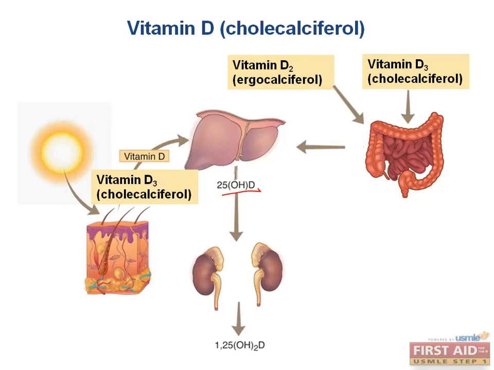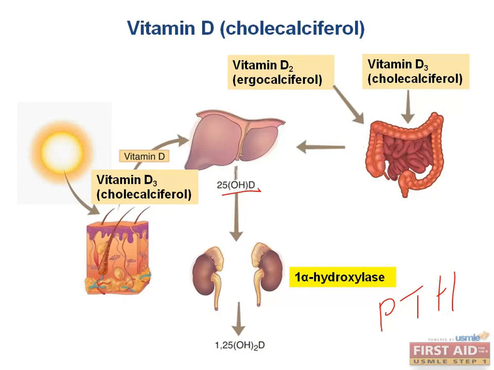And this time it's at the first carbon position, which is why we now call the molecule 1,25-dihydroxy vitamin D. And do you remember what enzyme is responsible for this? 1-alpha hydroxylase. And what hormone will upregulate the levels of this enzyme? Our friend PTH. Overall, both a functioning liver and kidney are necessary for the final production of active vitamin D.